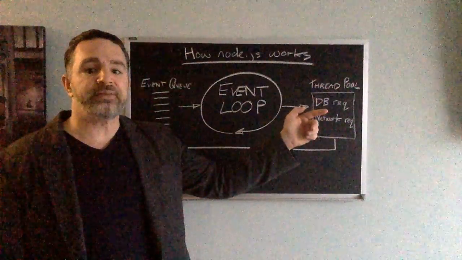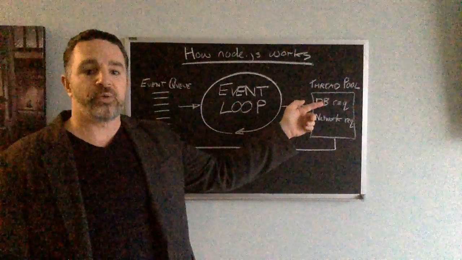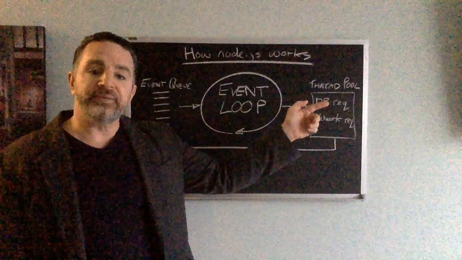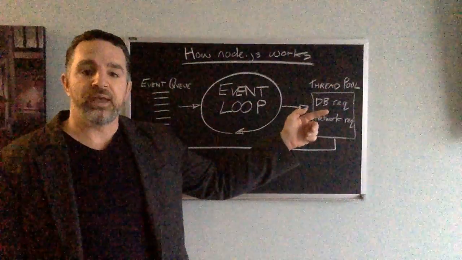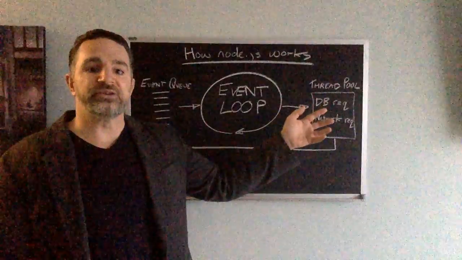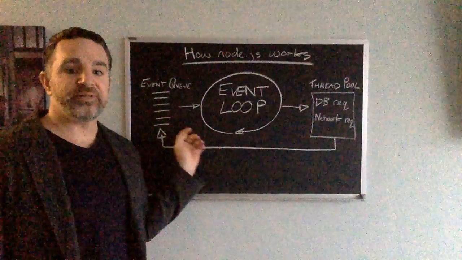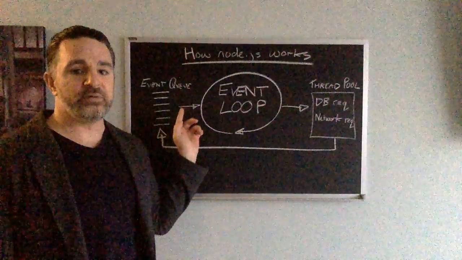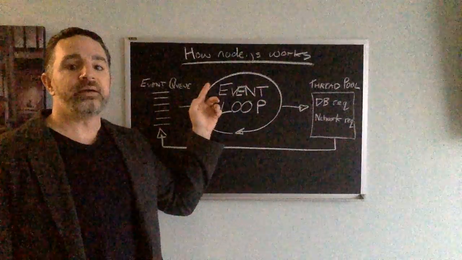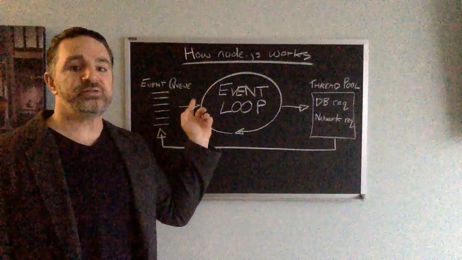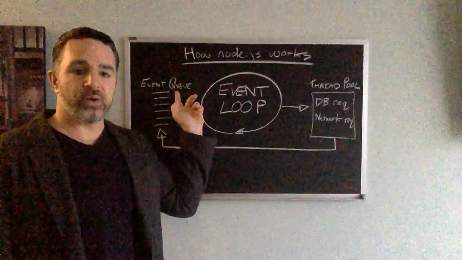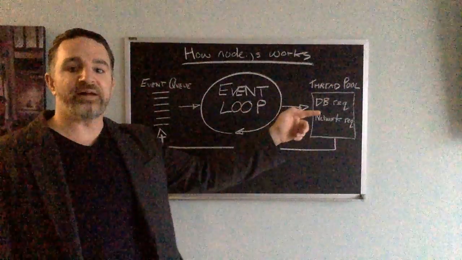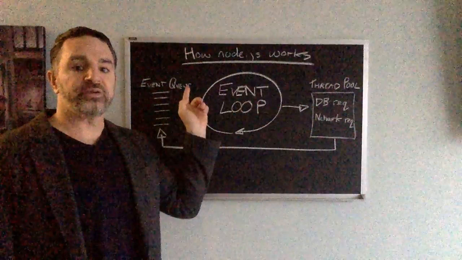Now on a separate thread then, the DB request is going to be done. Now when the DB request comes back with the information from the database, it will pass it back and add it back to the bottom of the event queue. And then JavaScript, as soon as it's taken the database request, it's passed it off to this thread, moves on to the next one.